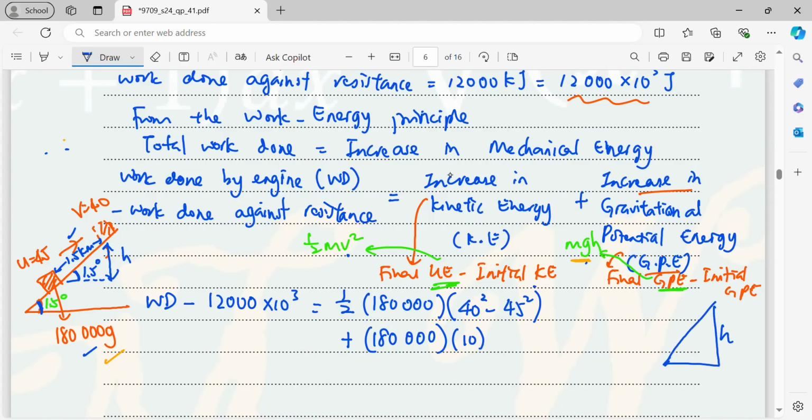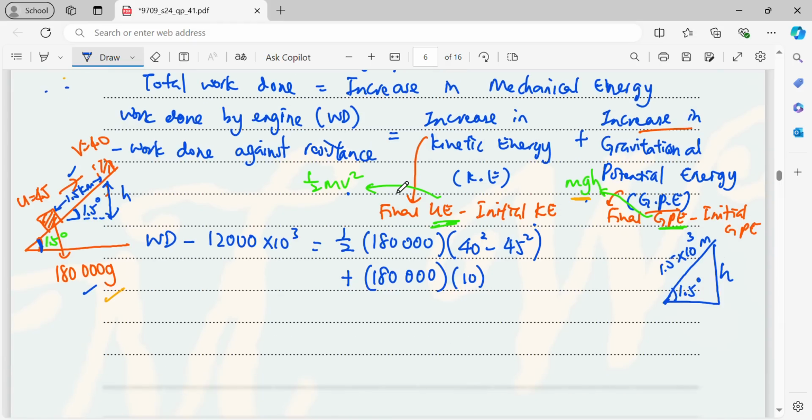This is h. Here is 1.5 times 10 power 3 meters, and this angle is 1.5 degrees. Now, if you refer to the right angle triangle, h is the opposite side, and 1.5 times 10 power 3 is the hypotenuse. So you have opposite and hypotenuse, that is sine.